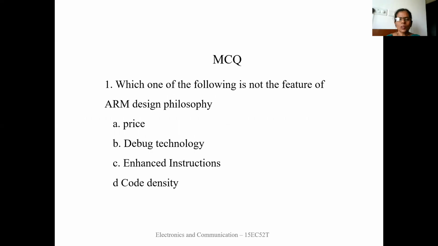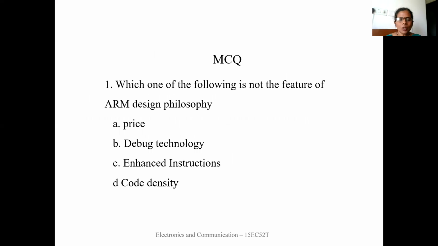After studying all these topics, we studied the different versions of ARM, the advantages of RISC, the disadvantages of RISC, and I also explained the features of ARM design philosophy, features of the instruction set, and the ARM instruction set.